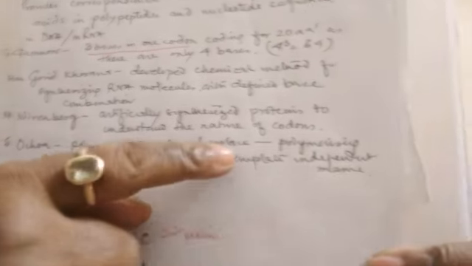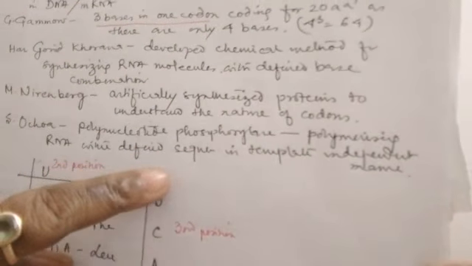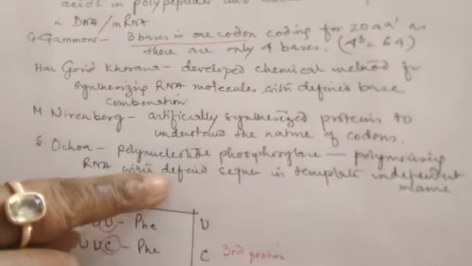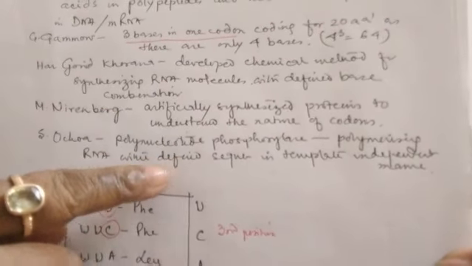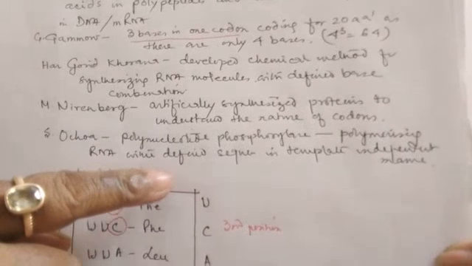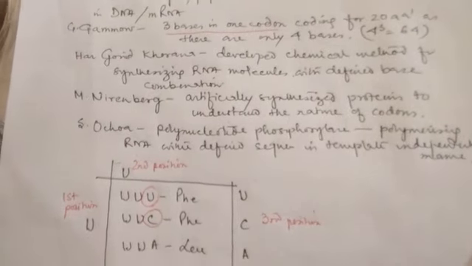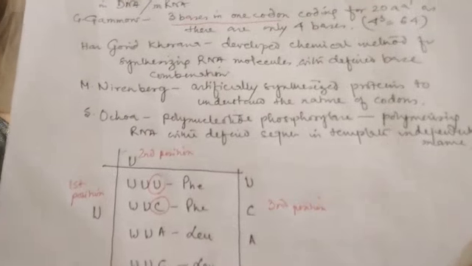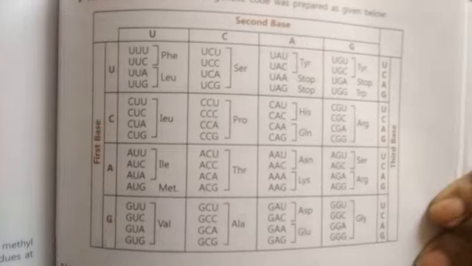And last, Ochoa, he produced template independent RNA. Clear? By polynucleotide phosphorylase, he produced template independent RNA. He polymerized RNA without a DNA template. So these are the historical events which went on for deducing the genetic code.